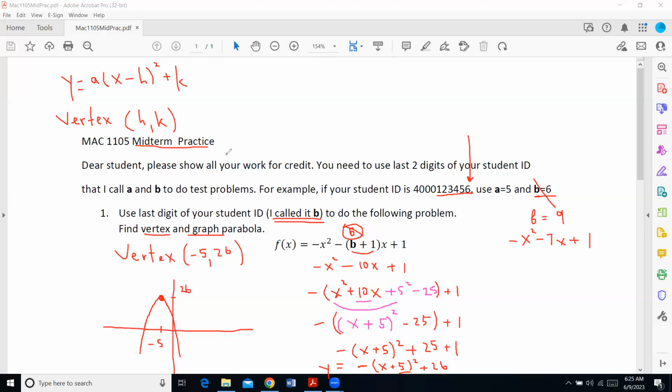What's important to do on the midterm is follow directions, such as show all your work for credit. If you don't show work, then you're not going to get full credit. And I give you plenty of time to show your work. But of course, you want to take this seriously.